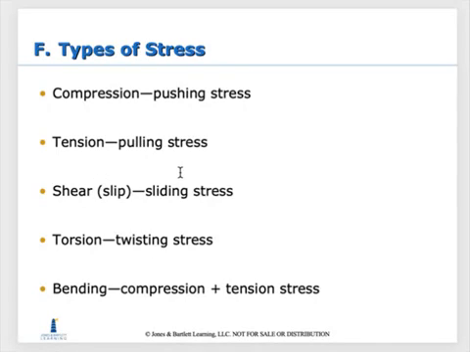Shear would be a sliding stress, so someone sliding their teeth side to side, back to front, that will kind of slide across the dental material. Torsion is a twisting stress, and then bending is pretty common, and it has different types of stresses.